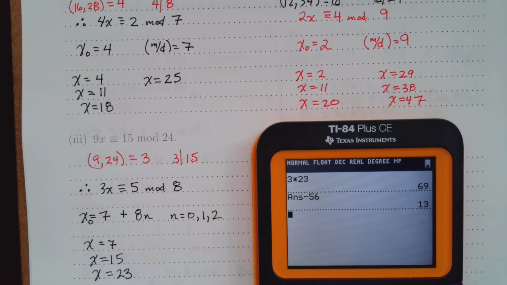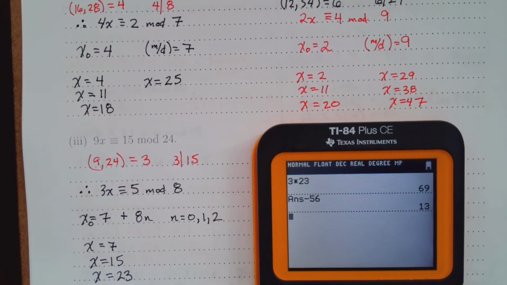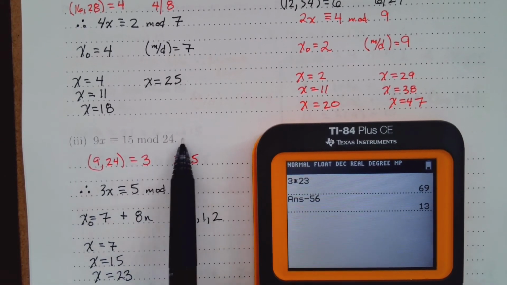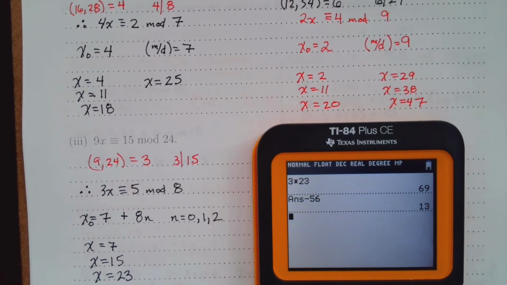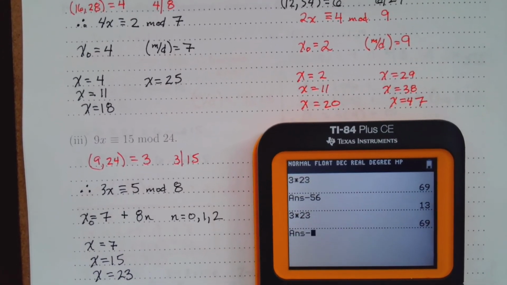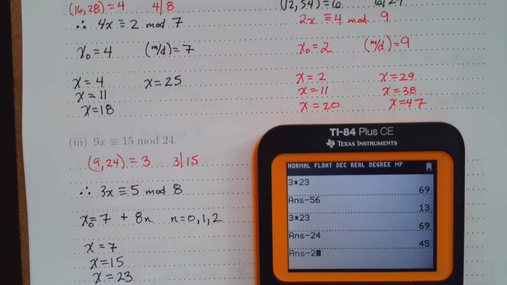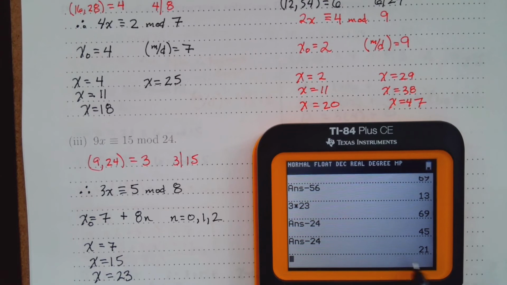And I know what our problem was. Not 56 for a multiple of 8. We're looking for 24. So excuse me there. So we have 3 times 23 minus 24 minus 24, and that gives me my 21.